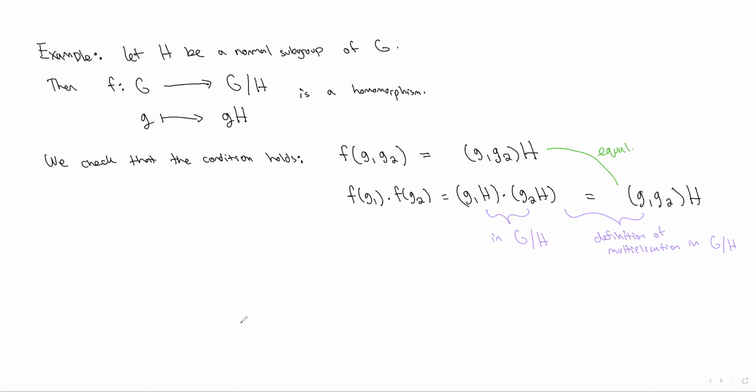And what this says is taking mod something is a homomorphism. And you already were used to this in modular arithmetic. So this example reflects the fact that modding out by something is a homomorphism.